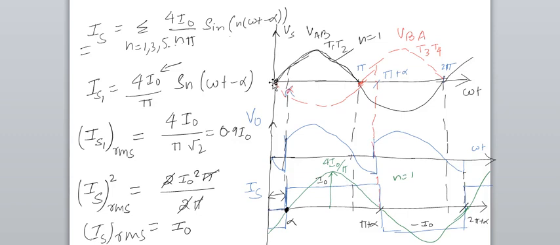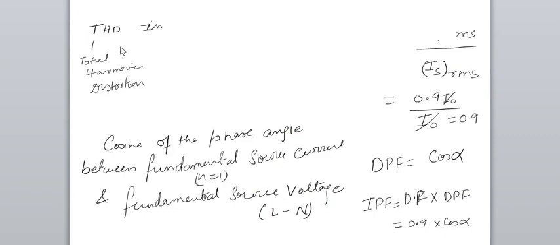We have designed our system for a sinusoidal waveform, but our source current has been distorted and has a square shape. Because of this square shape, the source current waveform is distorted. Whatever waveform is distorted, you take out the total harmonic distortion of that, in your source current.